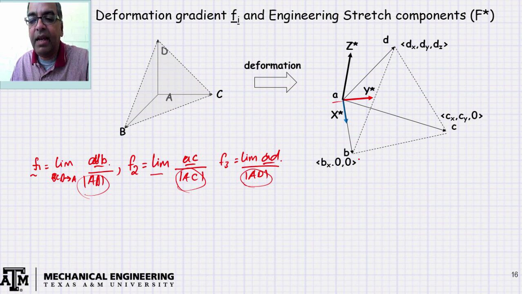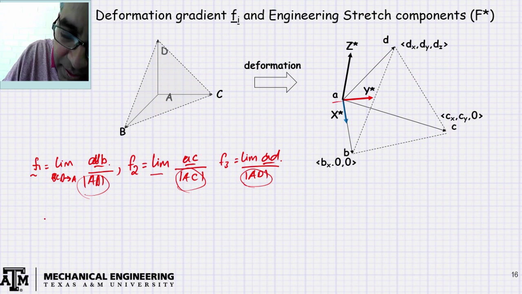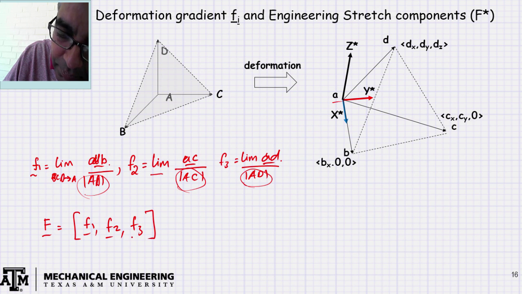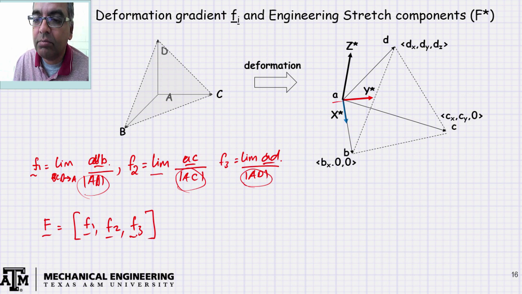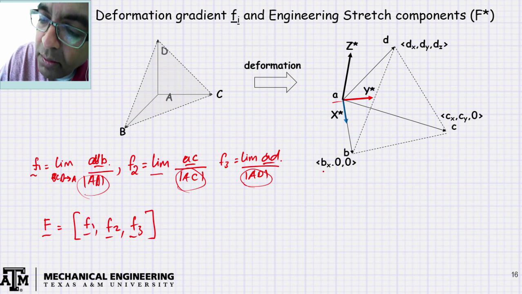Okay. So these three are the vectors, and the F matrix or the F tensor is defined as F1, F2, F3. This is called the deformation gradient tensor. In our case, we can write this down. If you look at F1, that's that guy.